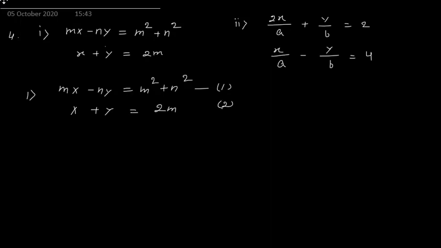So what we will say is that from equation 2, x is equal to 2m minus y. Now I will put this value of x equal to 2m minus y in equation 1.